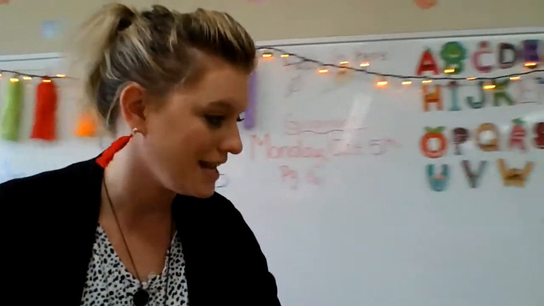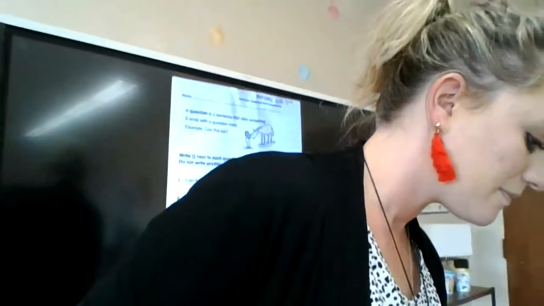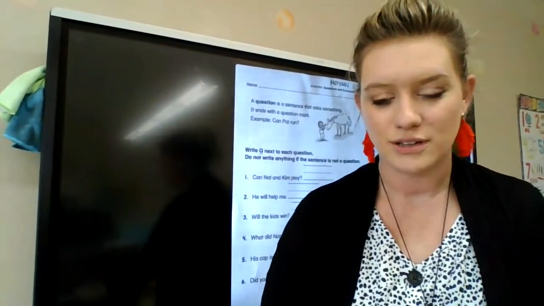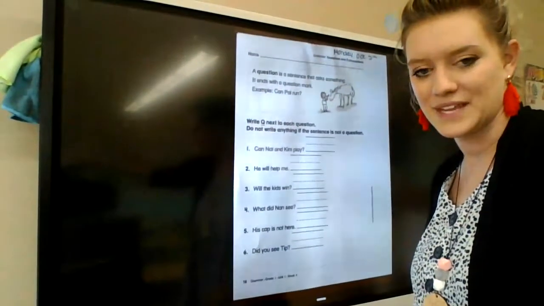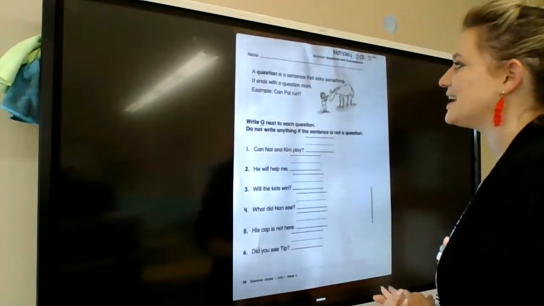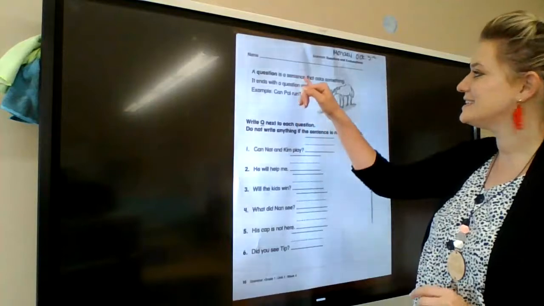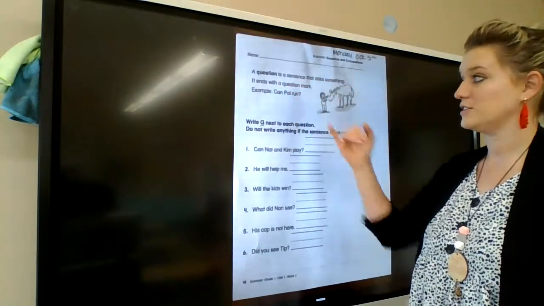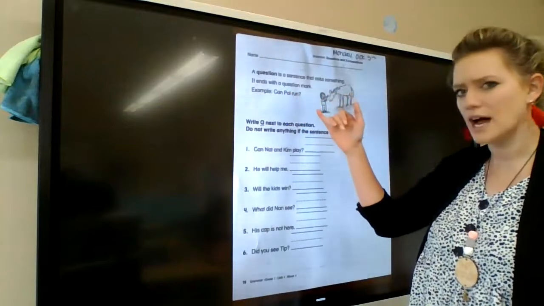So go ahead and get your page 16 out and ready to go. Okay, it should look like this. Can you see it okay? All right, so a question is a sentence that asks something. It ends with a question mark. So for example, can Pal run?